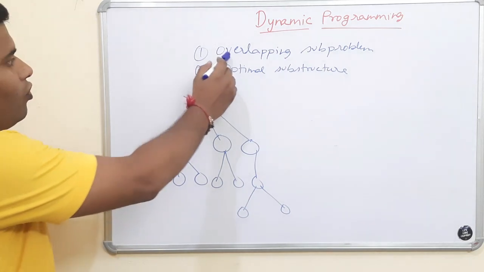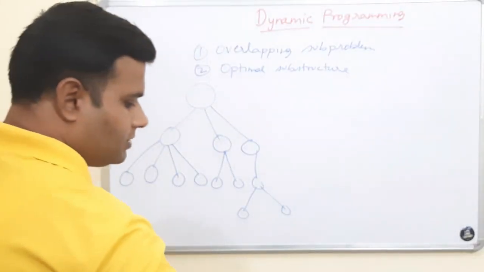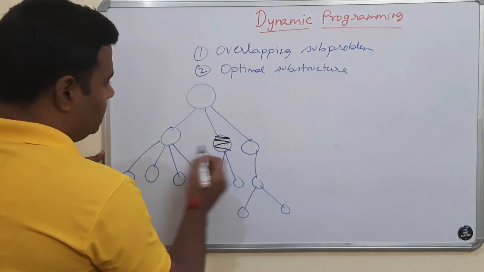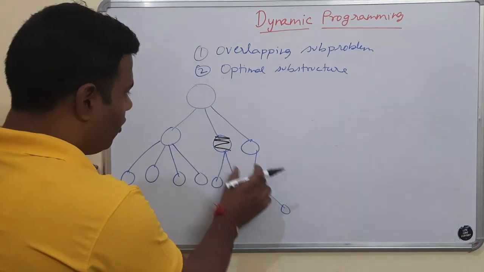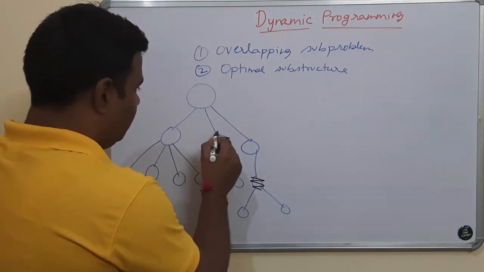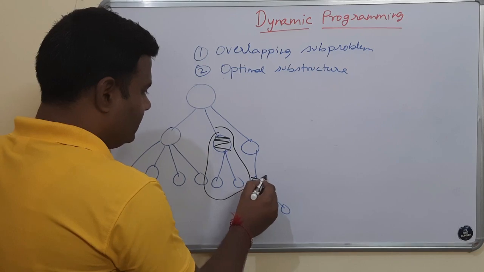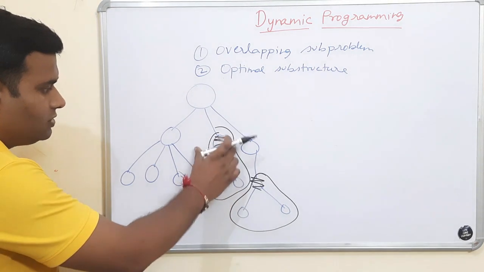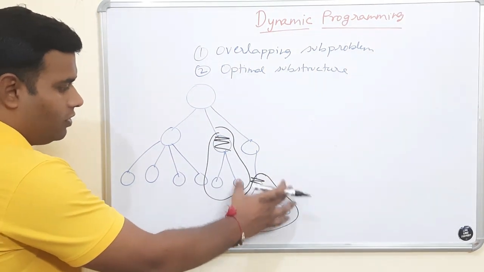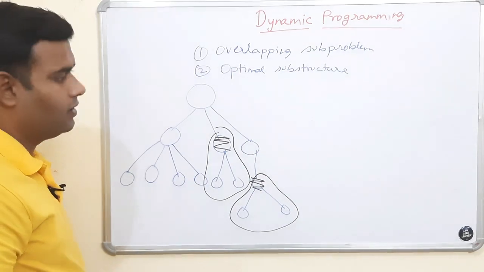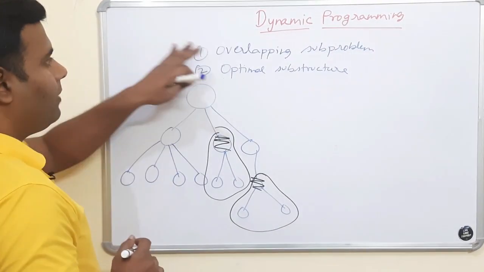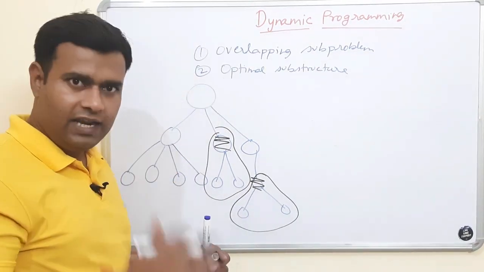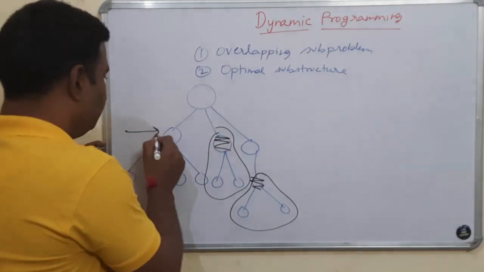Now, overlapping subproblems means, let's say we solve this problem and a similar problem is this one. If we solve this one, then this will automatically be solved. We can use this as a reference and reuse the result instead of solving it again. This is overlapping subproblems. When we divide the problems at different levels, it's not necessary that the common problem is at the first level of division.